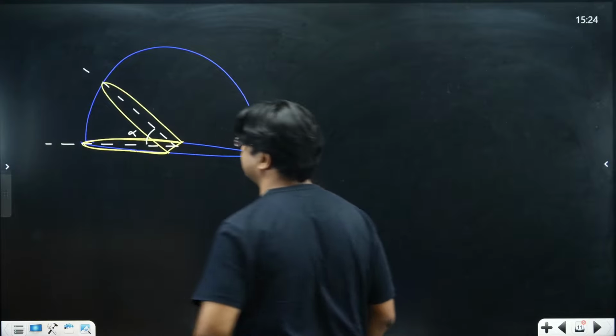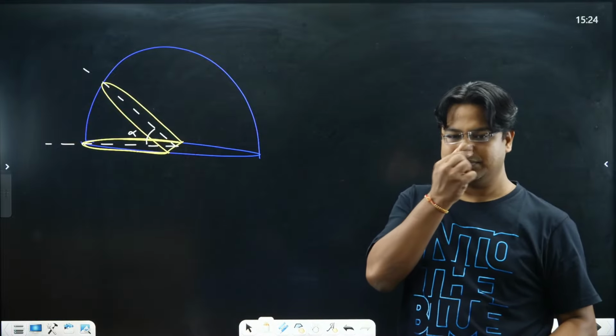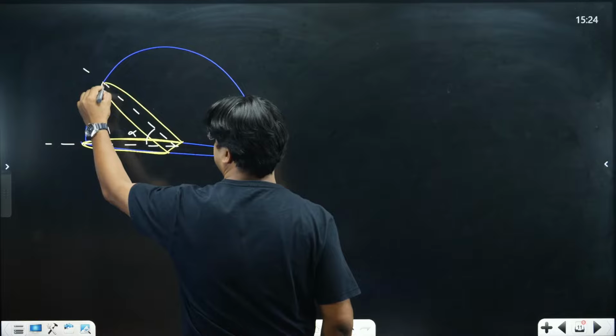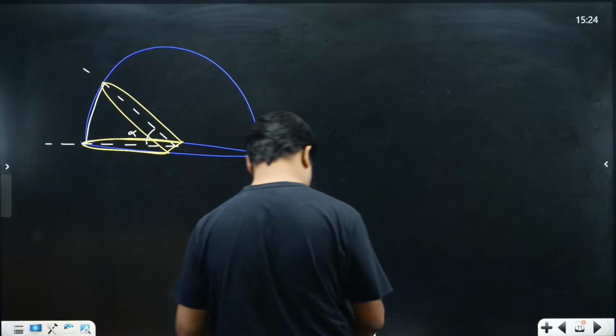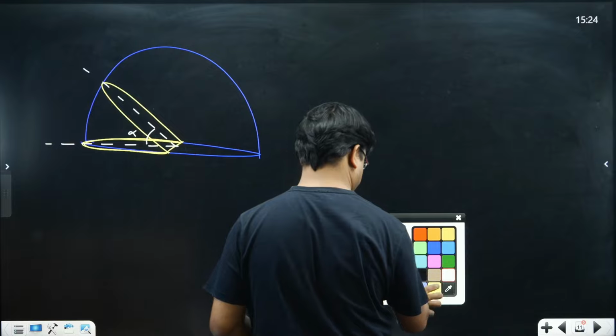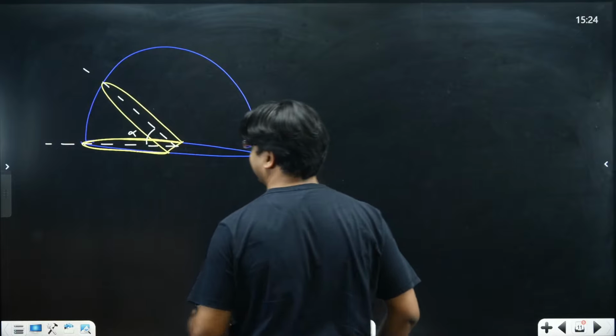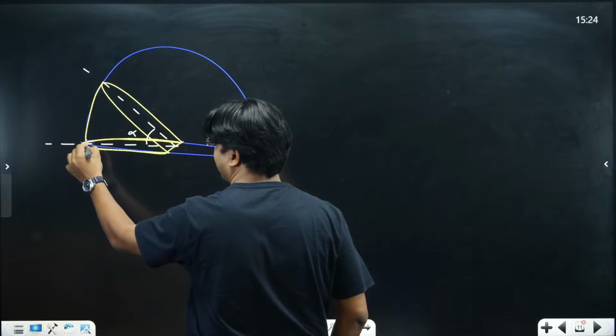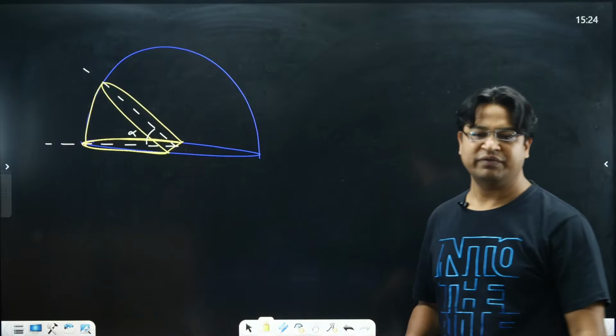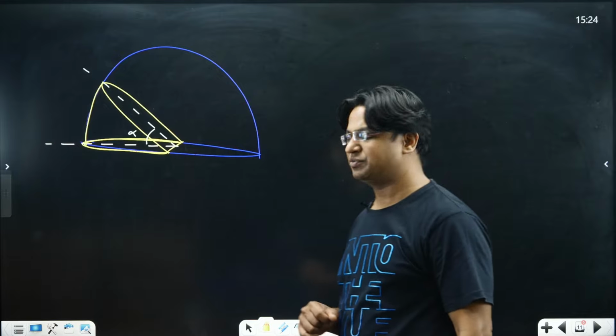This angle is alpha, let's say. This portion is given to us, and we want to write down the electric field due to this portion.